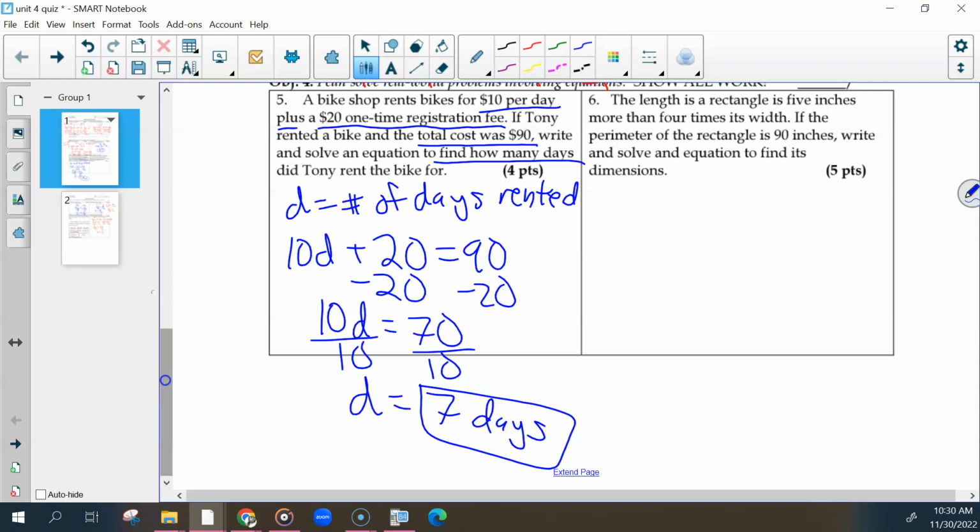Okay, for 6, most of us set 6 up correctly. This one was our length and width, our perimeter problem. So we know the length is 5 inches more than 4 times its width, so we need an equation for our length.